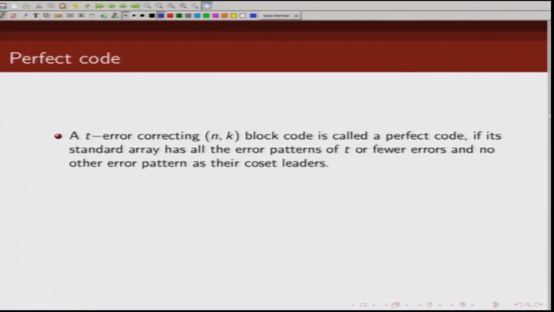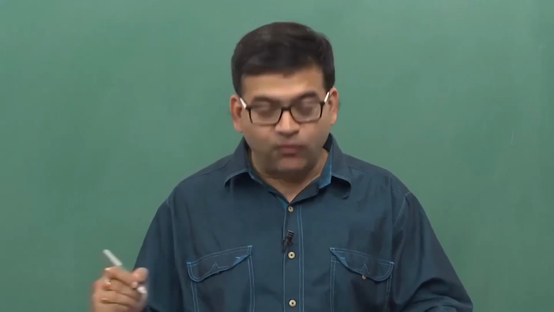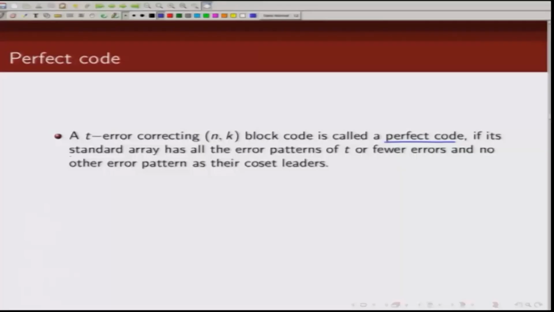So, a T error correcting code is called a perfect code if it satisfies Hamming bound with equality. And when will it satisfy Hamming bound with equality? When its standard array has all error patterns of T or fewer errors and no other error pattern as its coset leader.